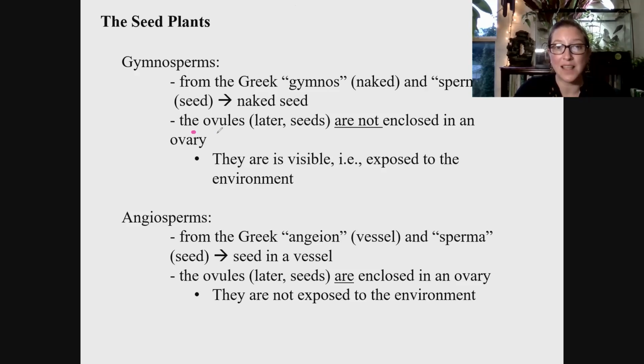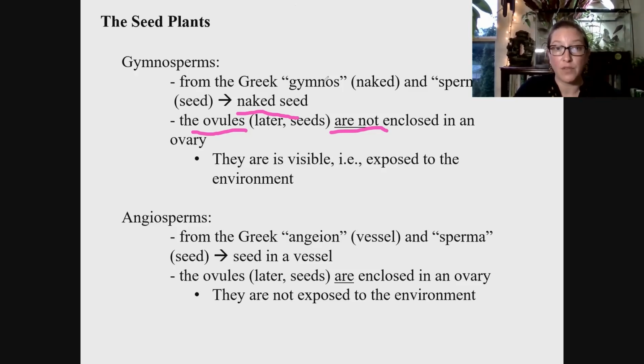What that means is that the ovules, and after they're fertilized, the seeds, are not enclosed in an ovary. Once ovules are fertilized, they turn into a seed. They are visible with the naked eye and exposed to the environment. So that's what gymnosperm means, naked seed.